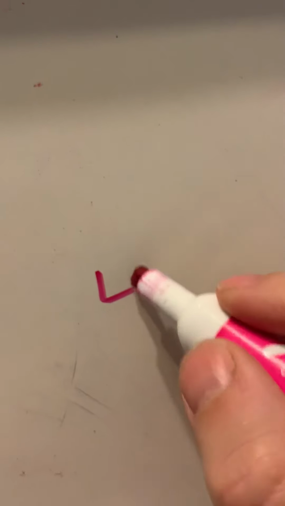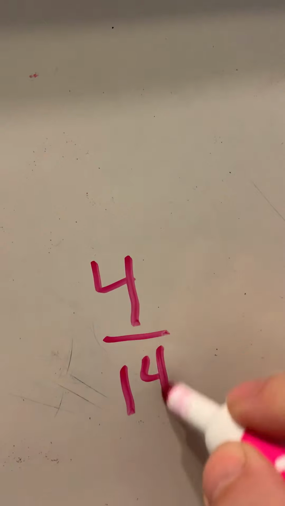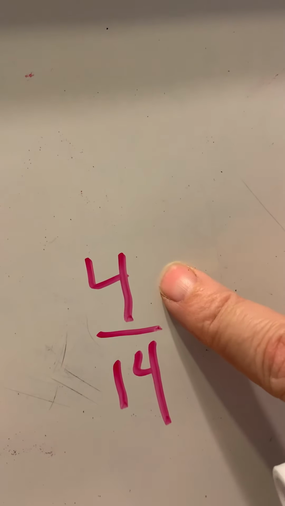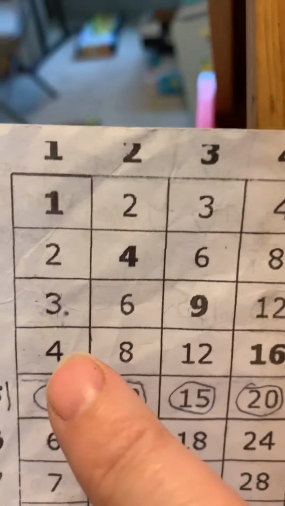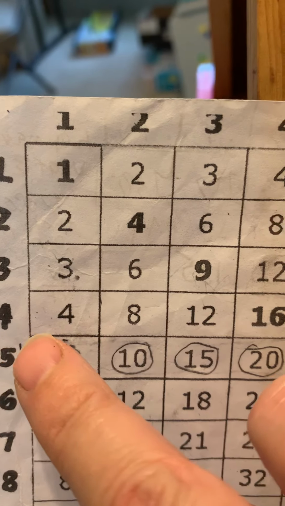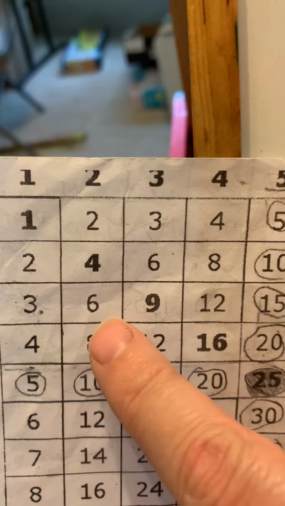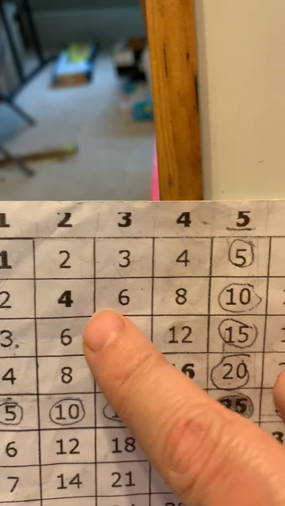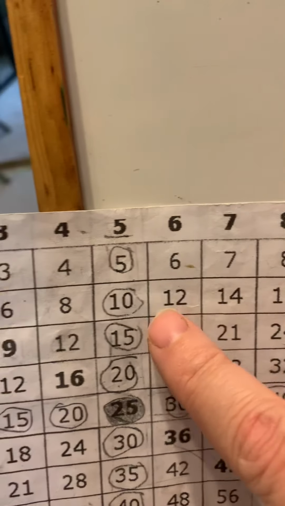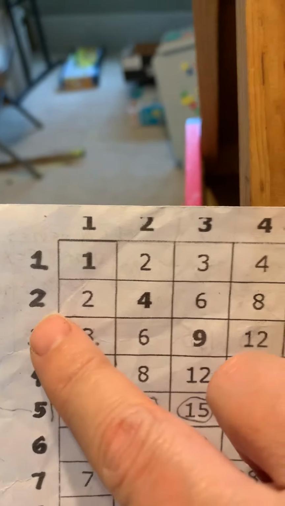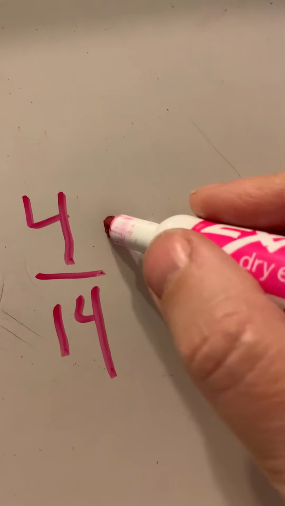So we're going to take the 4 and the 14. I'm going to go to the smallest number, 4, and looking for 4 and 14. That's 4, but not 14. No 4. This has a 4 and a 14, so that is a 2. A 2 can go into both of them.